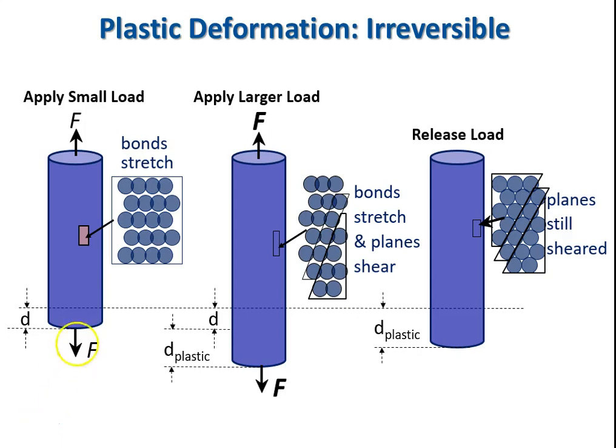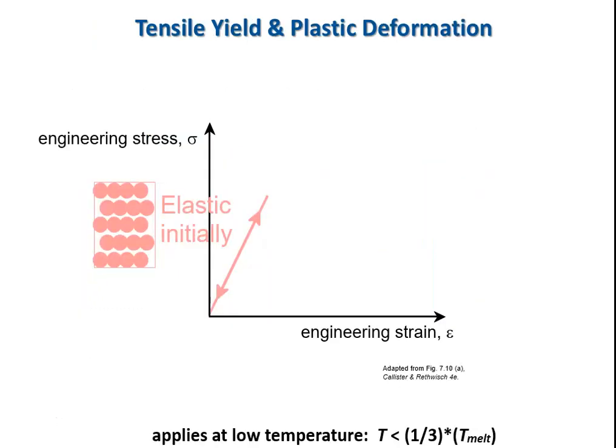So that's representing the shearing, which can be related to also a tensile deformation as a result of dislocation movement. So we can see that depending on the load, we can actually have two different types of deformation: the reversible elastic and then the irreversible plastic due to dislocation movement.